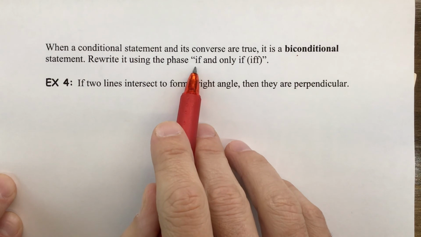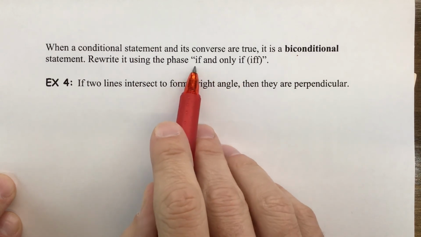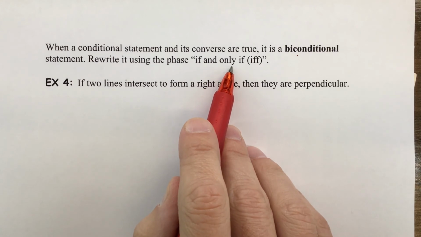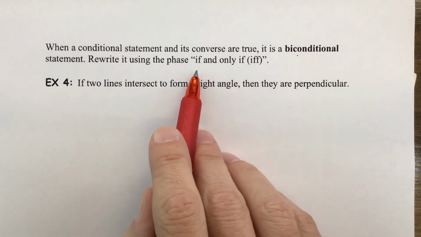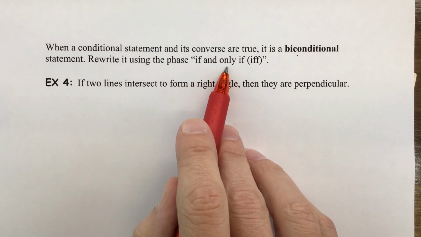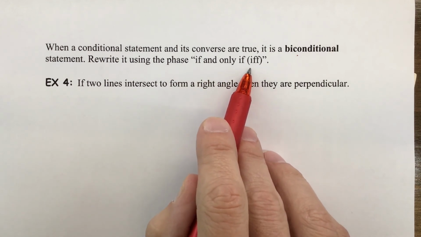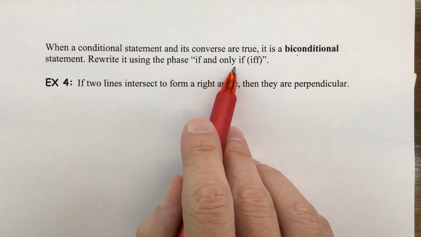That's going to end up using the phrasing if and only if. You will end up dropping off the if at the very beginning. The then part is going to get substituted with if and only if, which can be abbreviated as IFF. So if you see that in the future, that is not a typo. That actually is just an abbreviation of if and only if.